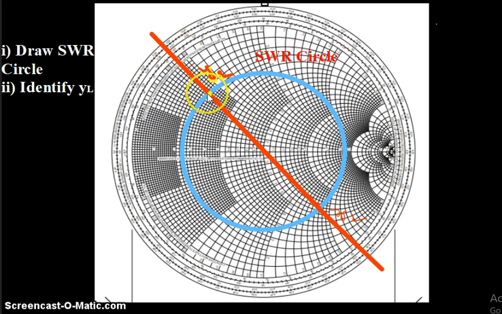Now we are identifying yL. The circle and line intersect at a point, and that is called yL. Now this chart behaves like an admittance chart.